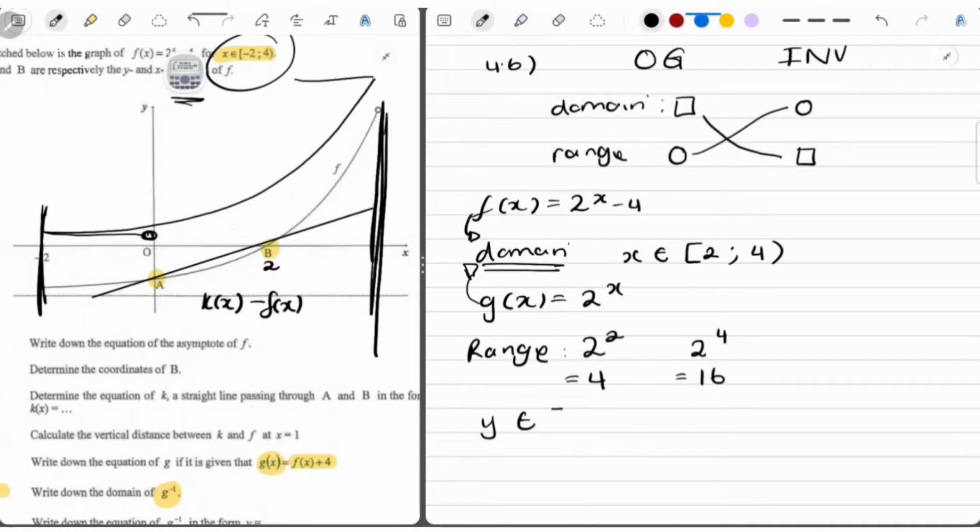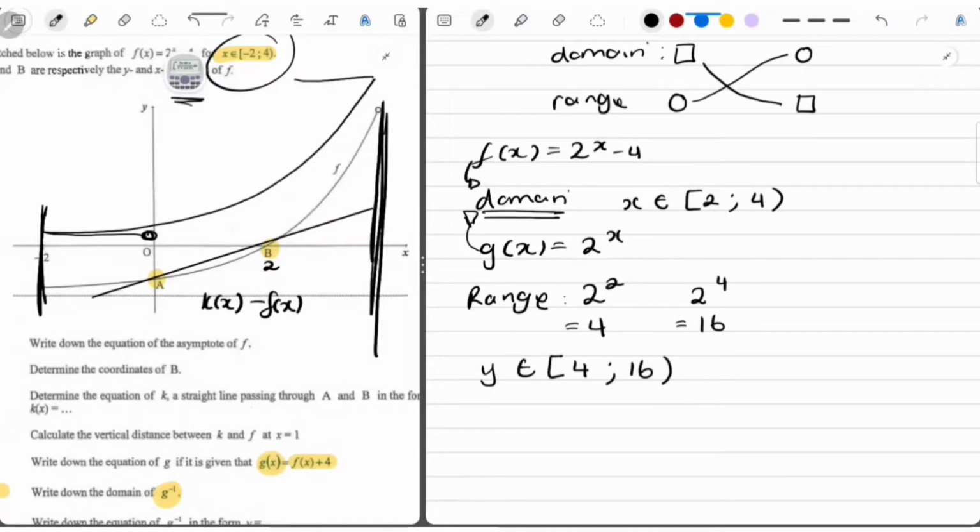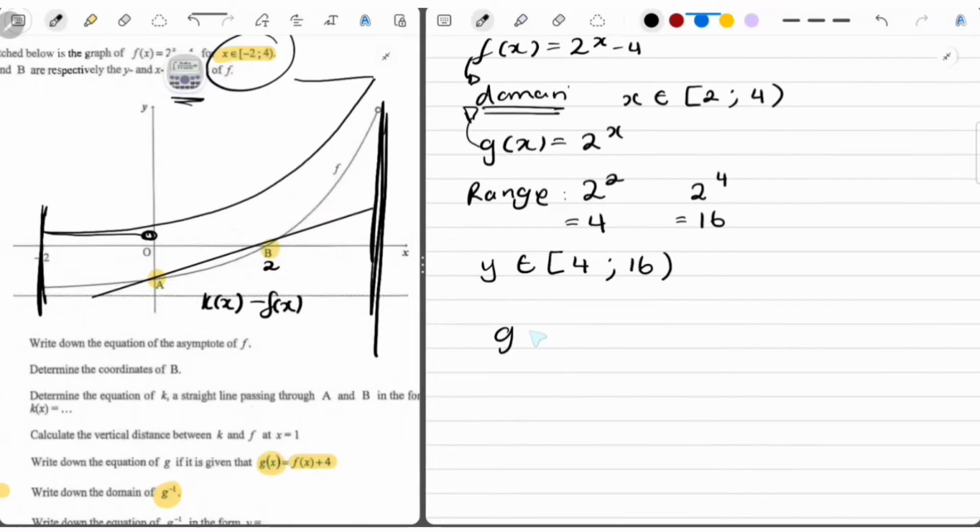meaning the range of this graph is y is an element of, and I'm going to have to put a square bracket again at 4, because you see that at 2 we had a square bracket, meaning x is equal to 2. So y will also be equal to 4. So starting from 4 and ending at 16 with a curved bracket, because it's not including the actual number 16. So now we have the graph of g of x, which is equal to 2 to the power of x.